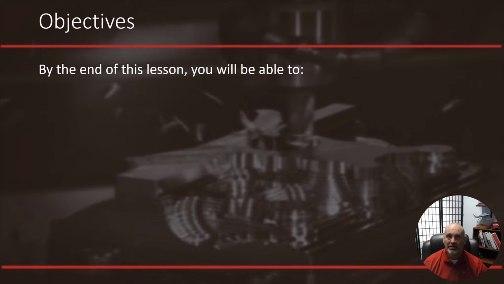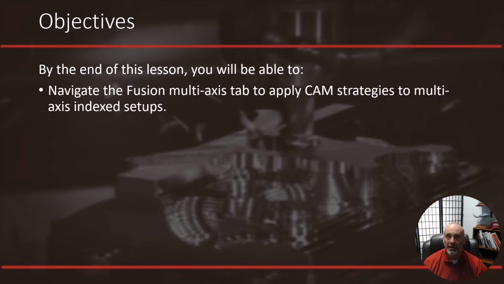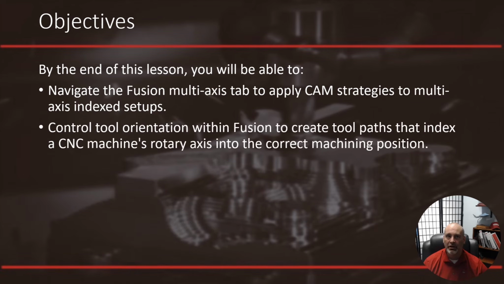Objectives. By the end of this lesson, you'll be able to navigate the Fusion Multi-Axis tab to apply CAM strategies to multi-axis indexed setups. You'll be able to control orientation within Fusion to create toolpaths that index a CNC machine's rotary axis into the correct machining position.